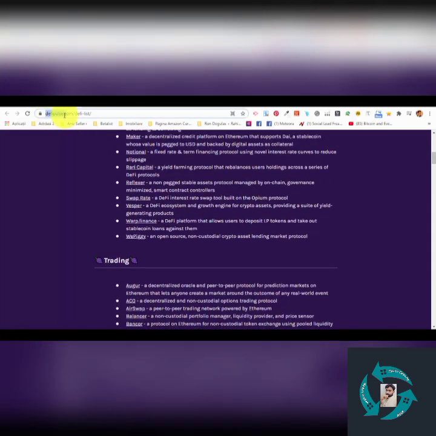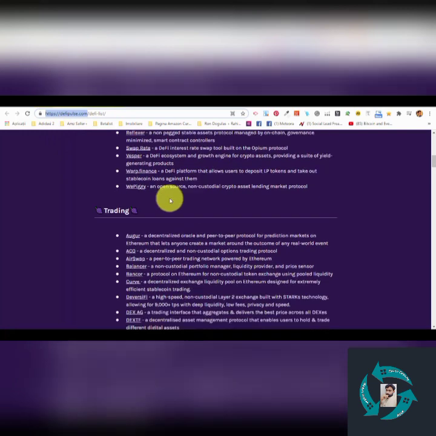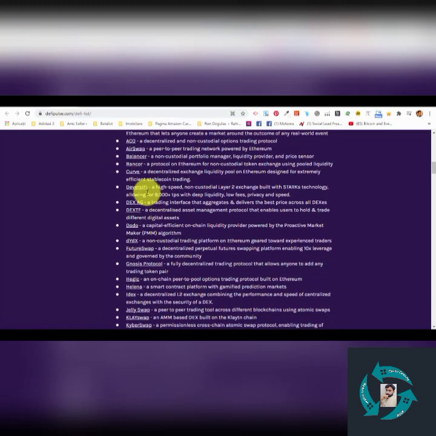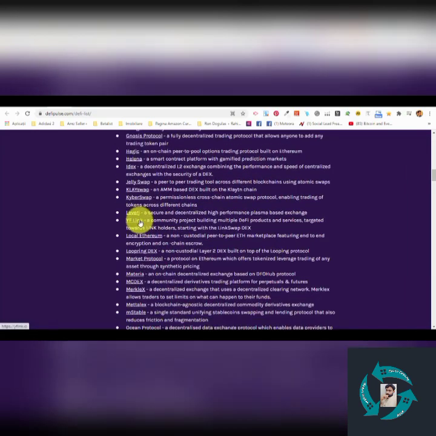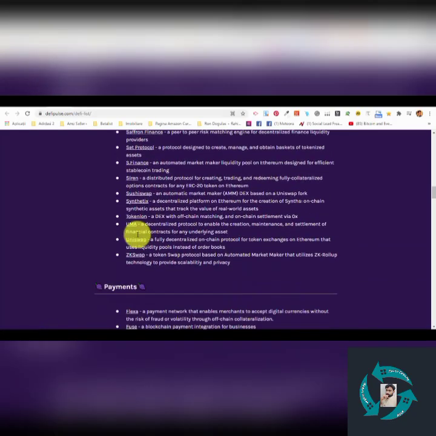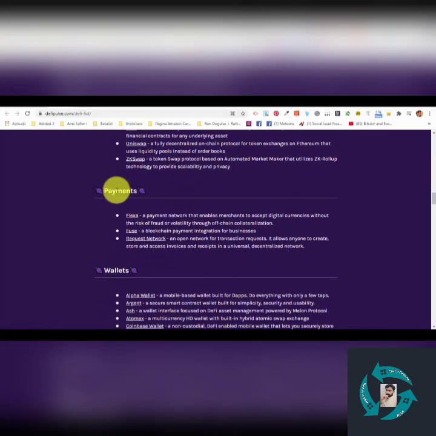DeFiPulse.com. This is the platform where you want to go. We have decentralized finance for trading: Balancer, for example, which is a pretty cool platform, and Dodo, which is growing a lot lately from what we know, and others as well. Then let's scroll down a little bit.